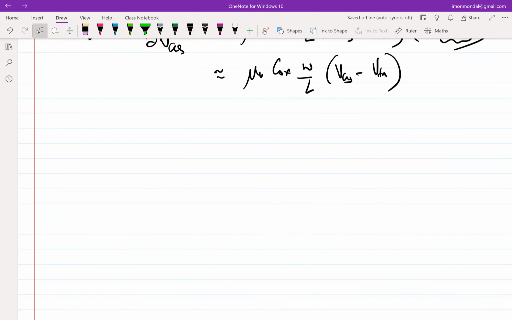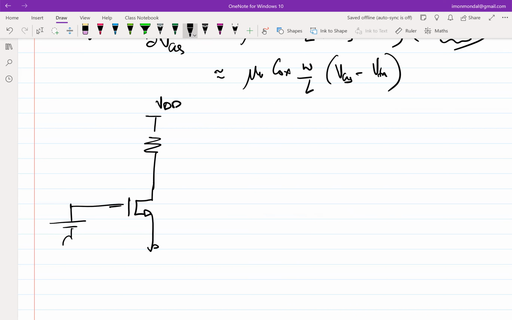If I go back to our common source amplifier, you have applied some VGQ, and on top of that, you have applied some Vi.